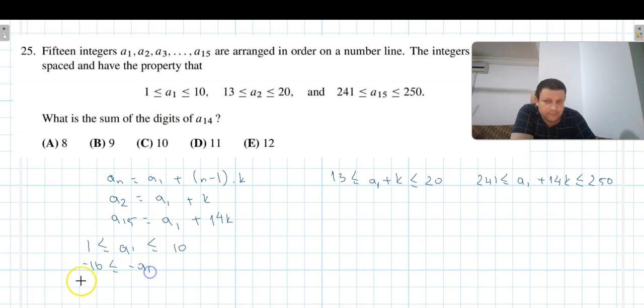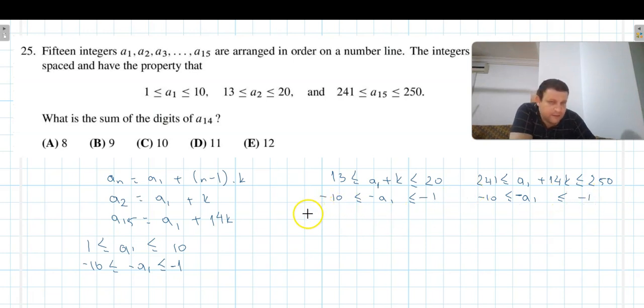Negative A1 is going to be between -10 and -1.